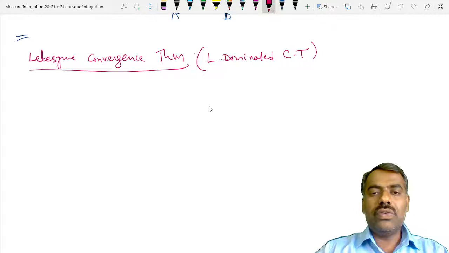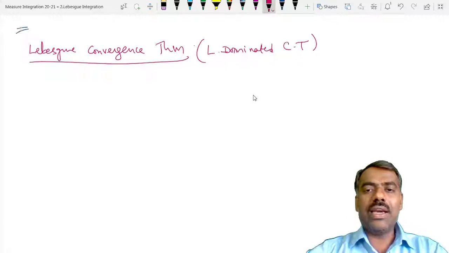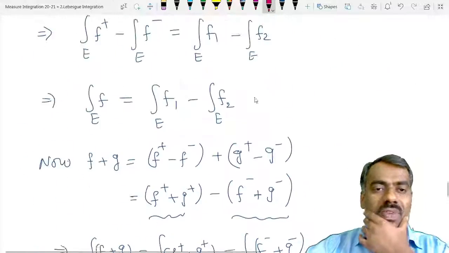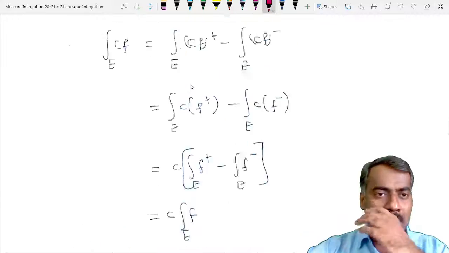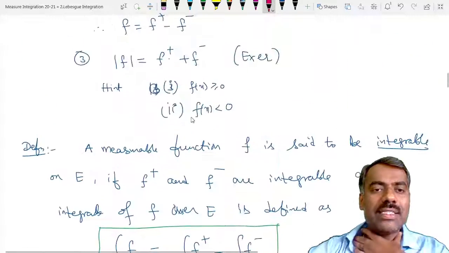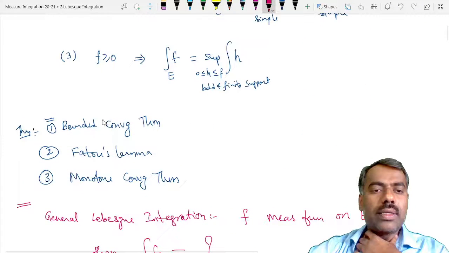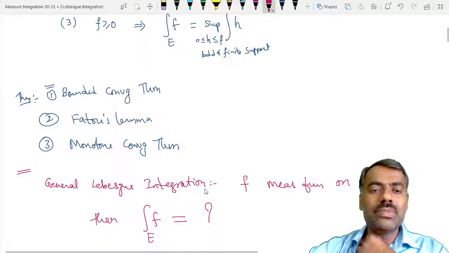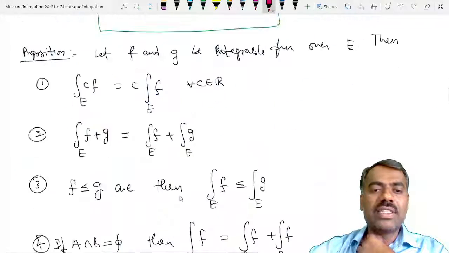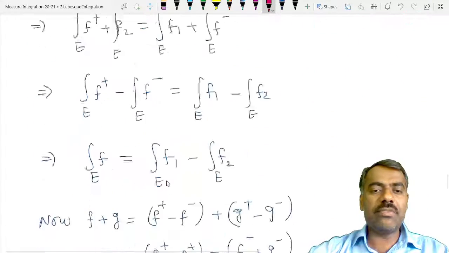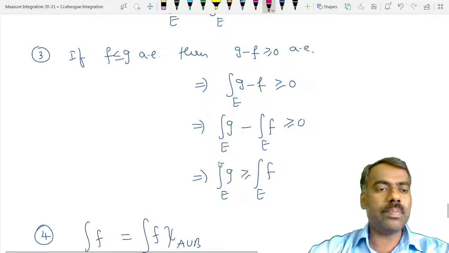You will see why this term dominated is coming here. So far, how many convergence theorems have we discussed? I have written them here. They are all related to some convergence, right? Bounded convergence theorem, Fatou's lemma, monotone convergence theorem. Now we'll see this for any general sequence of measurable functions. Any problem?